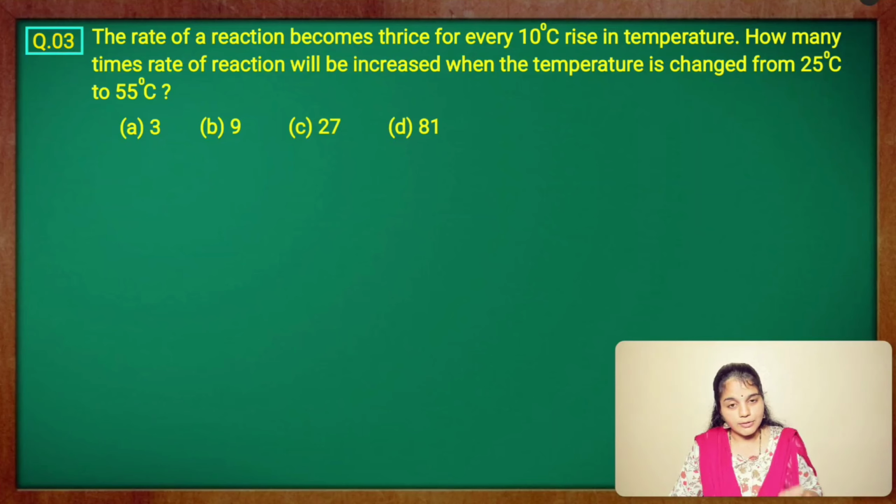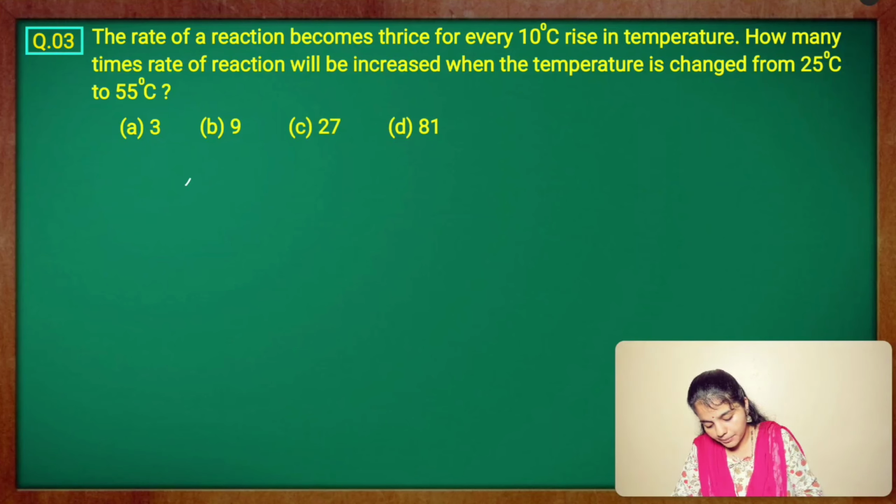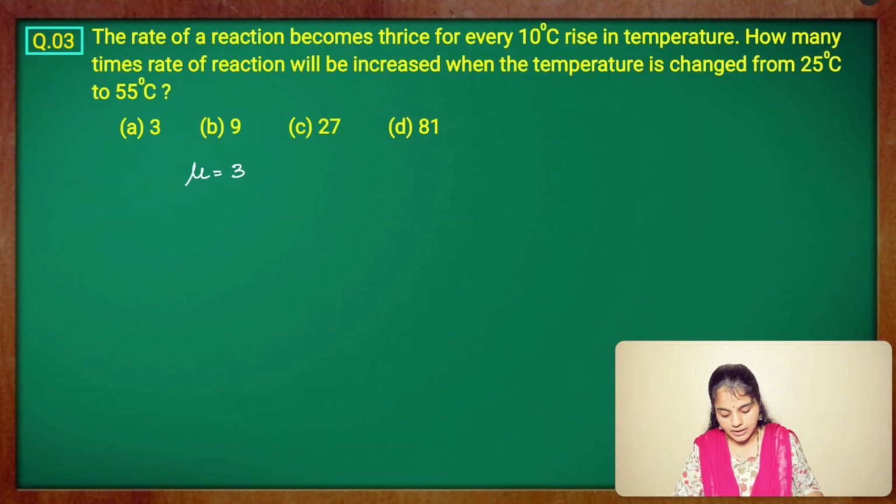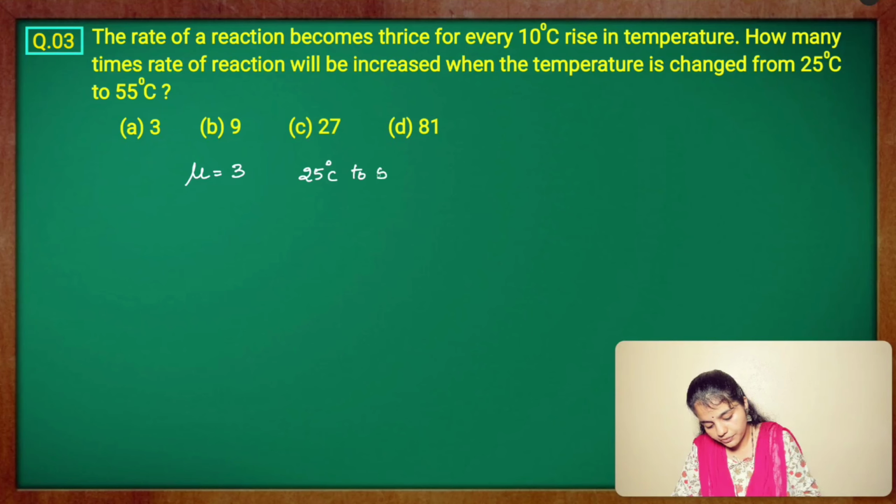You just pause the video, try to solve it, then come back to the video and check the answer. Now they have given that the rate of reaction becomes thrice for every 10 degree rise in temperature, meaning the temperature coefficient mu is 3. And the temperature is changing from 25 degrees centigrade to 55 degrees centigrade.